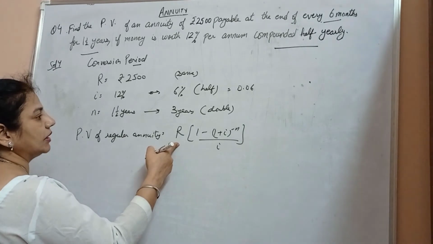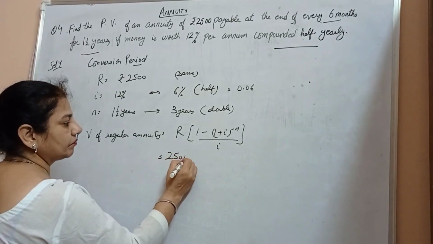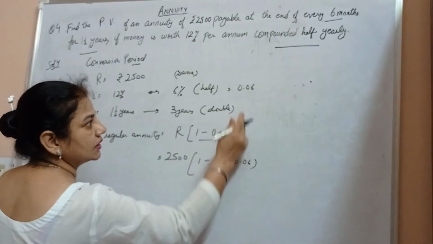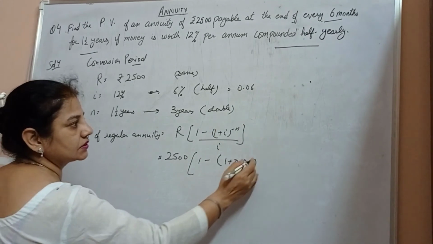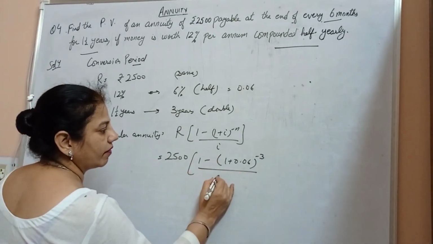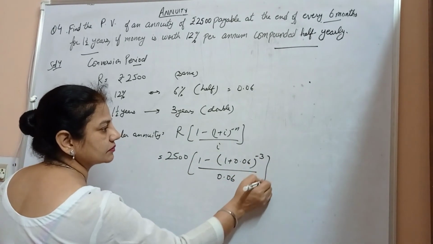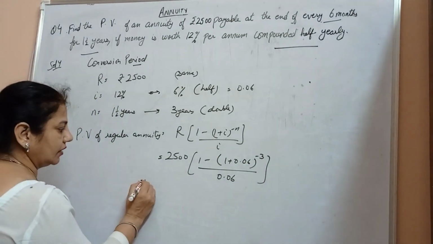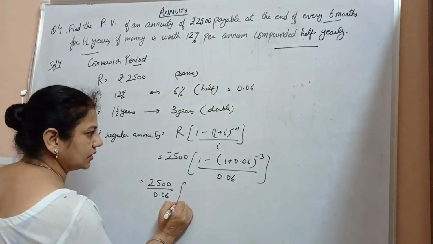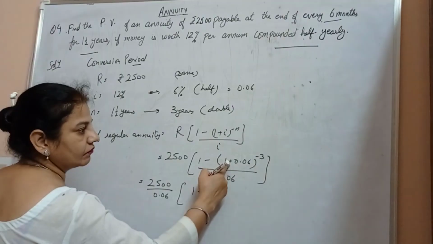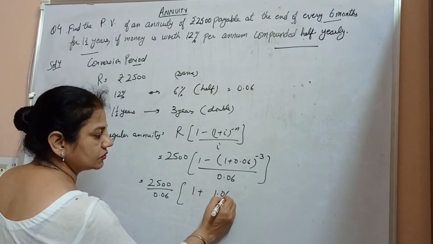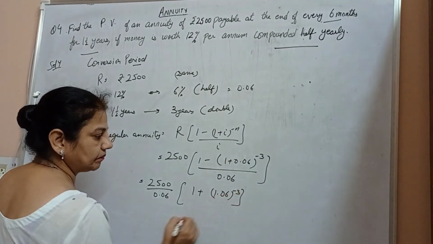Here the payable amount is 2,500. 1 minus (1 plus 0.06), as the rate of interest is 0.06, to the power minus 3 because the time is 3 periods, divided by 0.06. Then we have 2,500 divided by 0.06, times 1 minus 1.06 whole to the power minus 3.